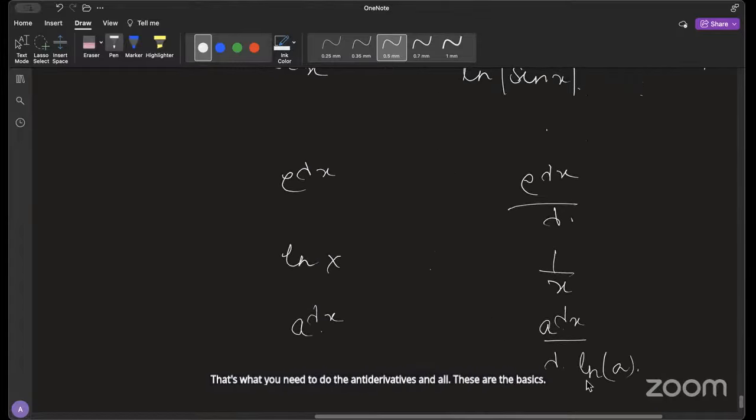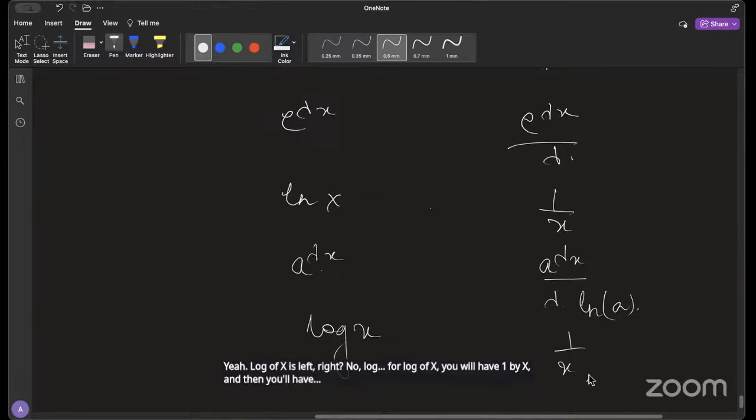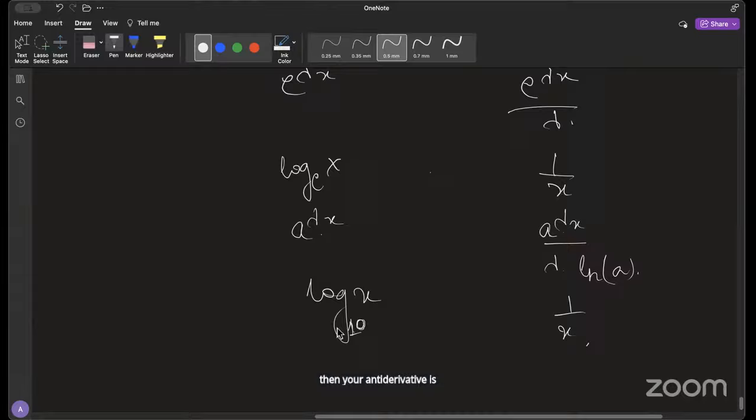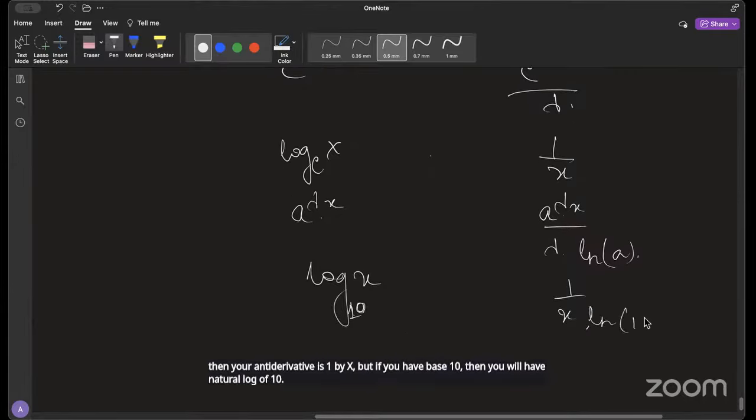These are the basics. For log x, the derivative is 1 by x. For log of x, you will have 1 by x, but it depends on the base. If you have 10 here, I'm assuming you're talking about base 10. Like here you have base e, right? Natural log ln means log base e, then your antiderivative is 1 by x. But if you have base 10, then you will have natural log of 10 here.